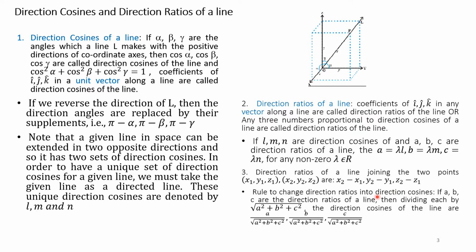So, the rule to change the direction ratios into direction cosines: if a, b and c are direction ratios of a line, then dividing each by the square root of a square plus b square plus c square, the direction cosines are a divided by square root of a square plus b square plus c square, b divided by square root of a square plus b square plus c square, c divided by square root of a square plus b square plus c square.